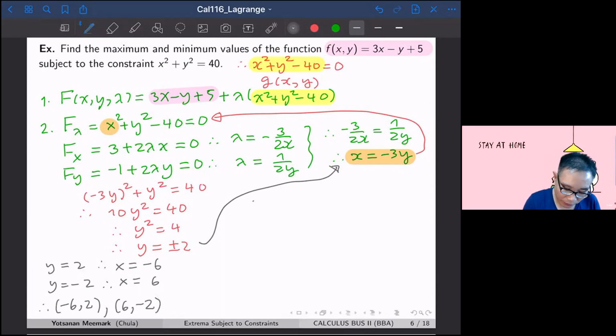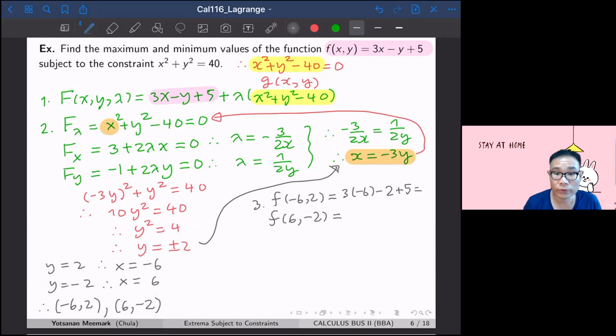And the third step will be you compute f at negative 6, 2 and f at 6, negative 2, okay? For f at negative 6, 2 is gonna be 3 times negative 6 minus 2 plus 5, okay? So this one will give you negative 15.